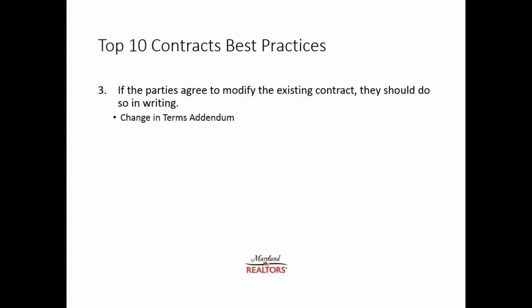Number three, if the parties agree to modify the existing contract, they should do so in writing, right? So that's hopefully everybody's kind of in tune with that. As you all know, as of October 1, 2019, there is a new form, the change in terms addendum.